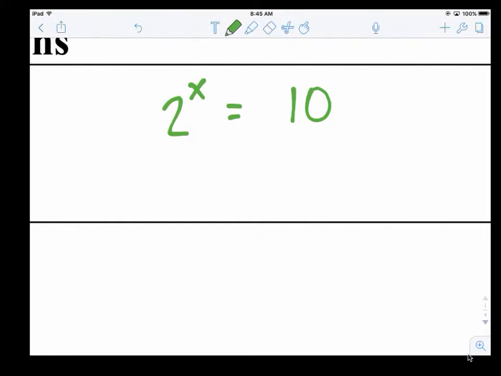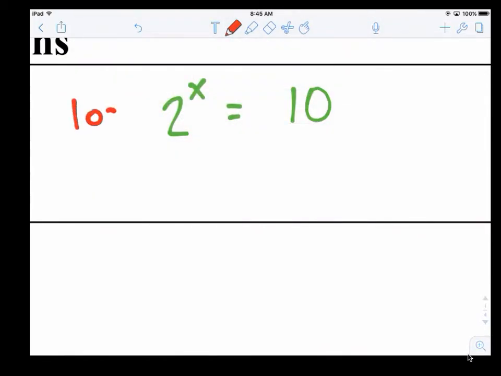What operation cancels out this base of 2? What is the inverse of an exponential with a base of 2? Not square root. Log of what? Base 2, right?